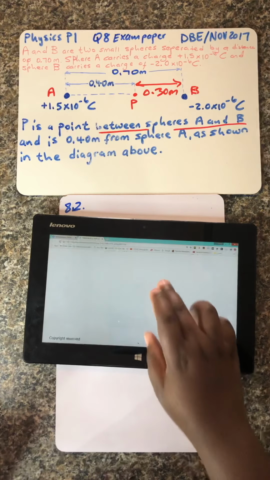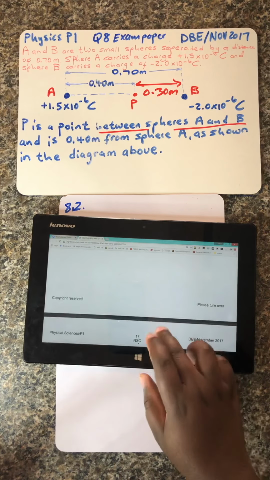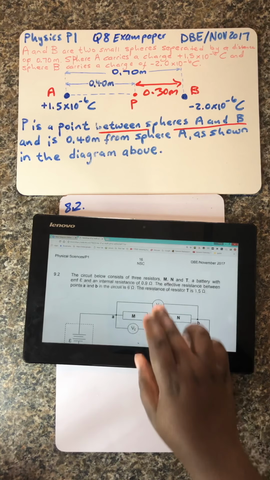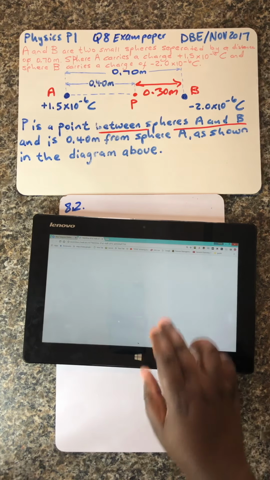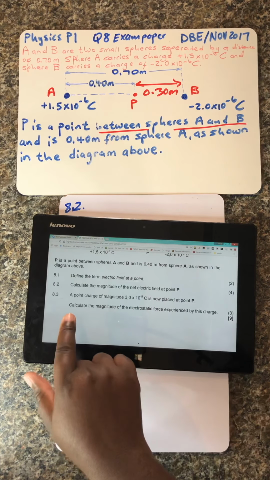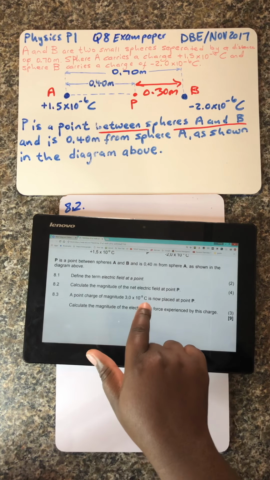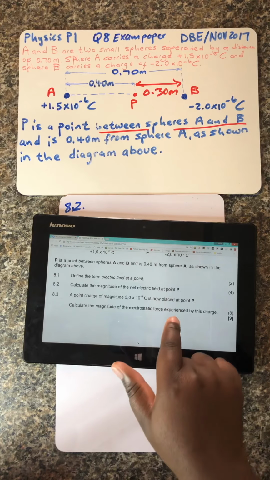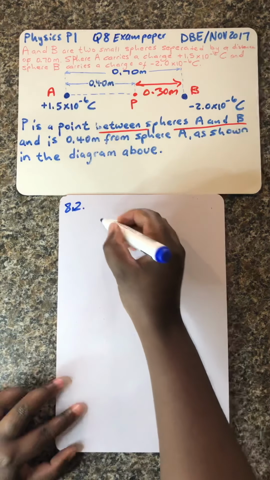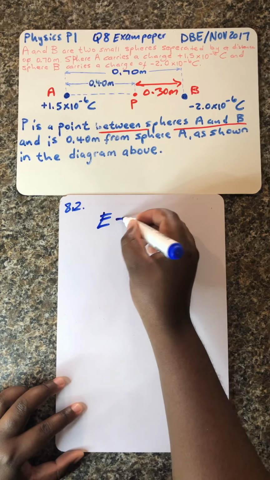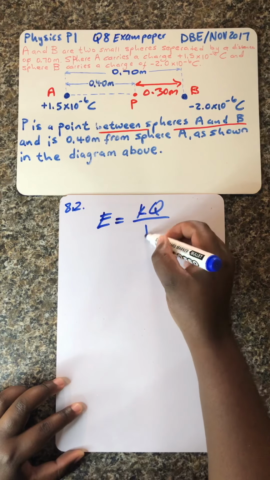So guys, let's quickly go back to our question. I'll read the question for the last time and straight away start. They say calculate the magnitude of the net electric field at point P. Obviously this is the formula which is relevant to this question.